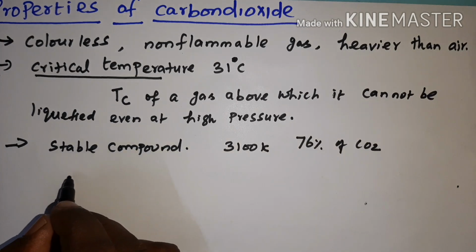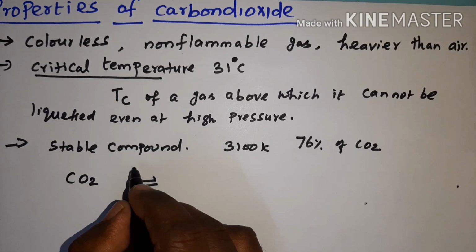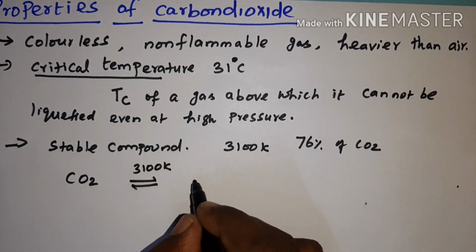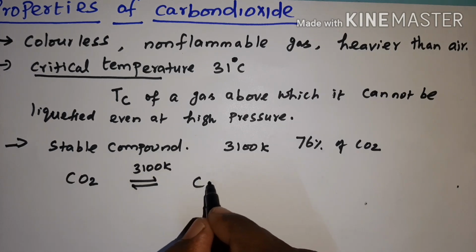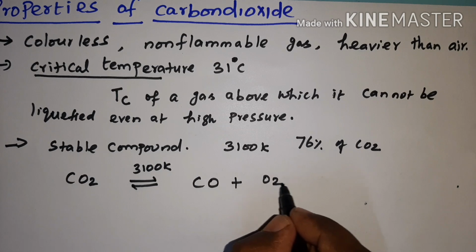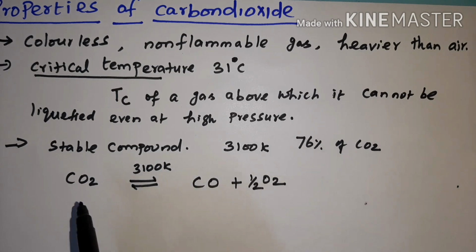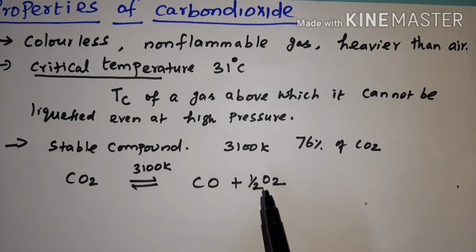See the equation: carbon dioxide at 3100 Kelvin, only 76% of it decomposes into carbon monoxide plus oxygen. So this is the balanced equation. Then if you heat more than 3100 Kelvin, it decomposes into carbon and oxygen.